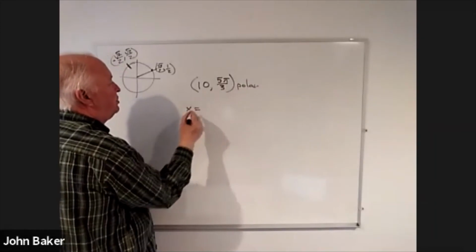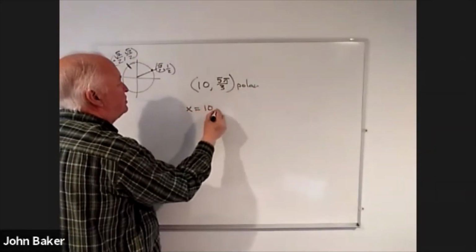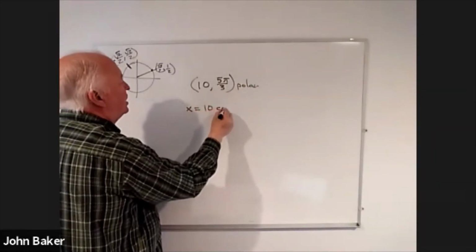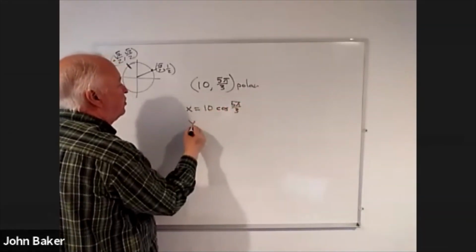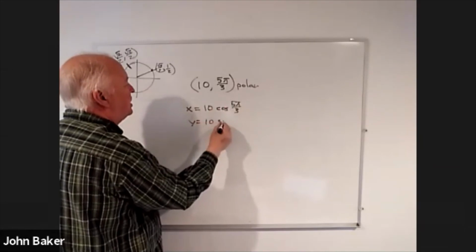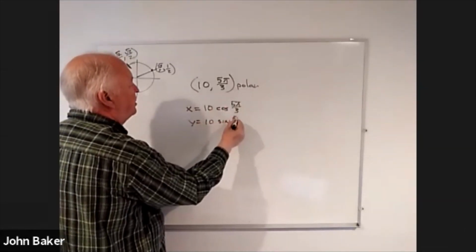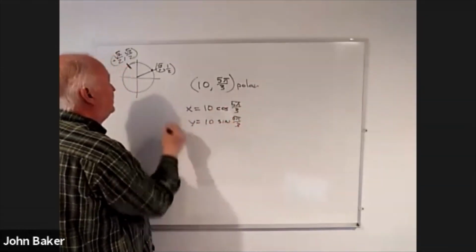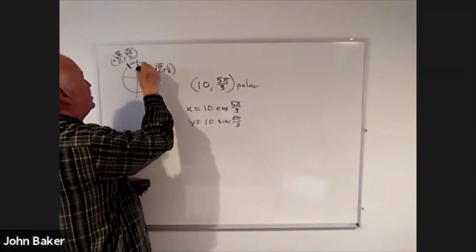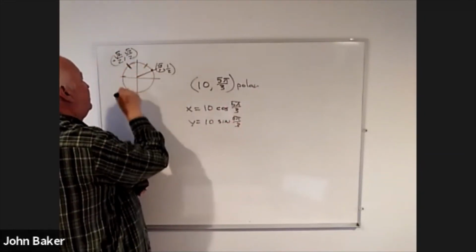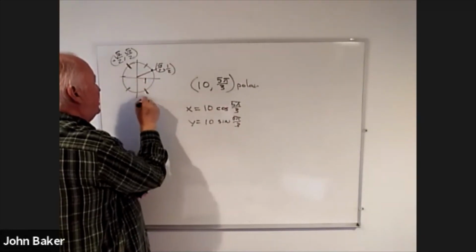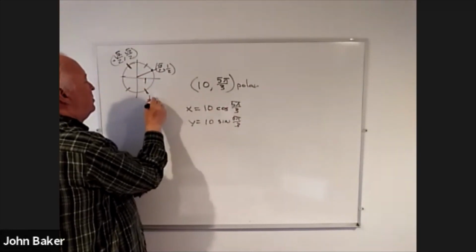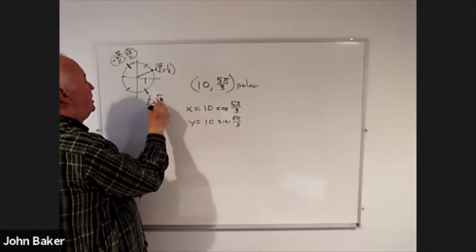So x will equal 10 times the cosine of 5 pi over 3, and y will equal 10 times the sine of 5 pi over 3. 5 pi over 3, let's see, 1, 2, 3, 4, 5. That's here. 1/2 is the x coordinate. So the y coordinate is square root of 3 over 2.